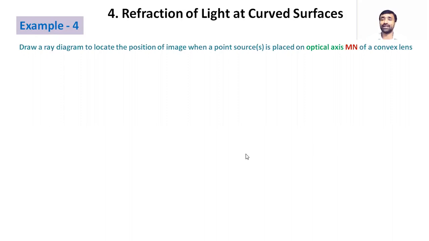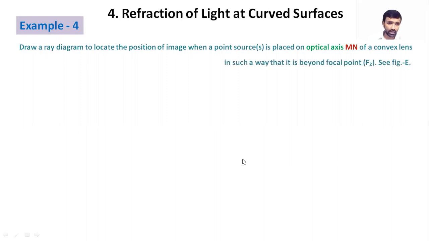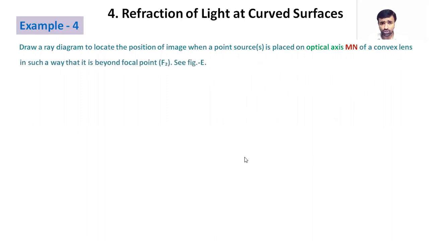Still I am reminding you how to deal with it in the case of lenses. So here, draw a ray diagram to locate the position of the image when a point source S is placed on the optical axis MN of a convex lens in such a way that it is beyond the focal point. That position of the object is also given beyond the focal point.